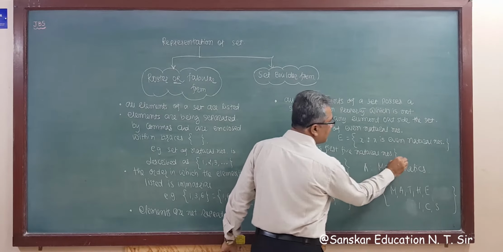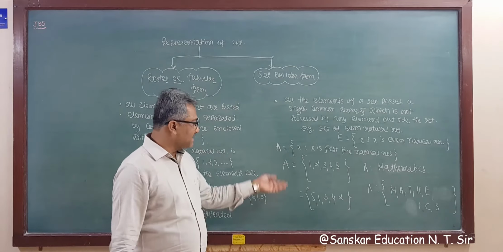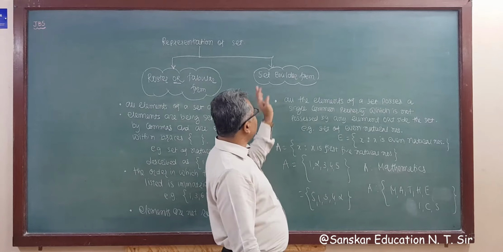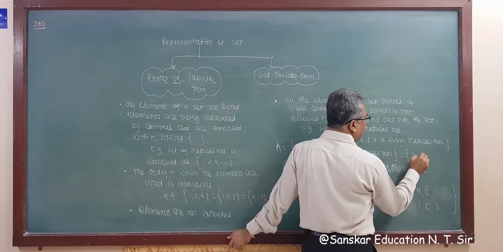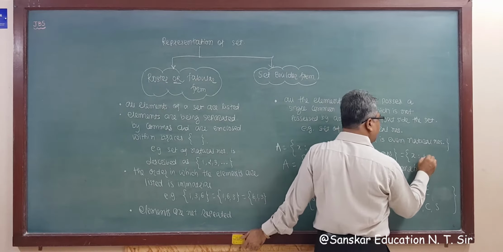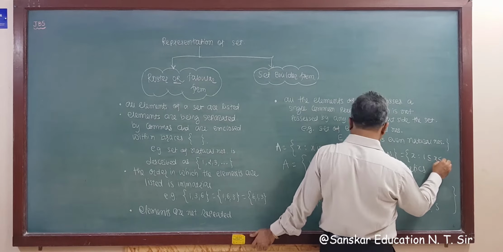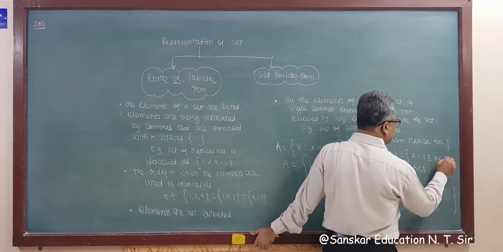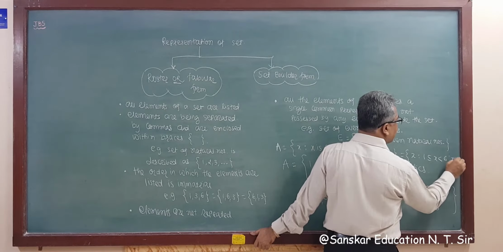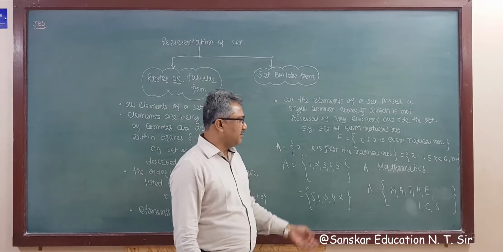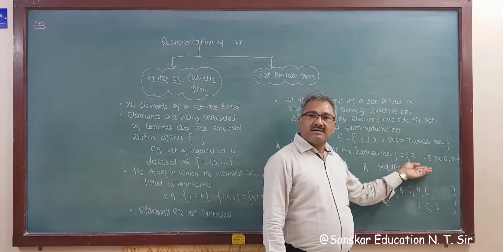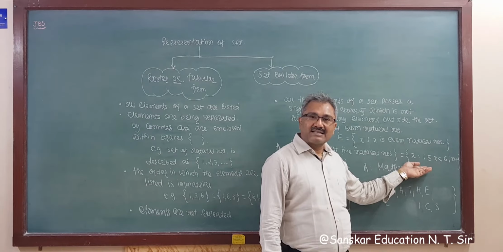Or we can express it in set builder form like this: x, where 1 is less than or equal to x, x is less than 6, where x belongs to the natural numbers N. This is a representation of a set in set builder form.